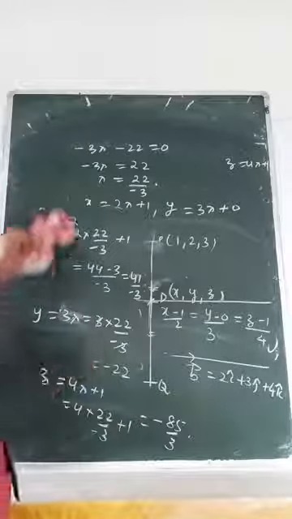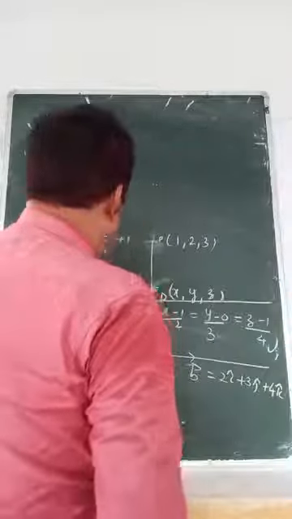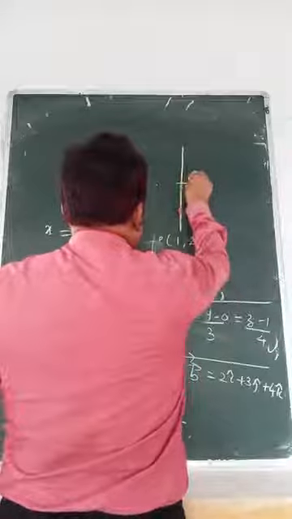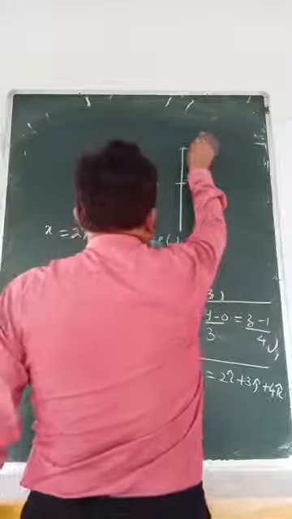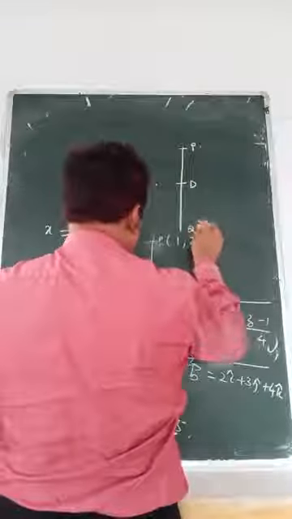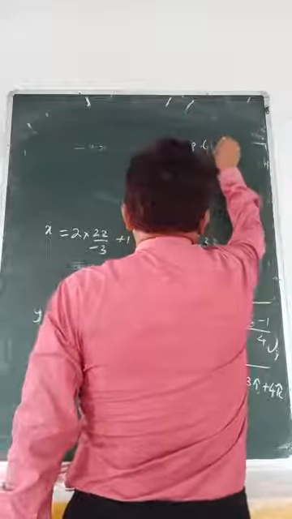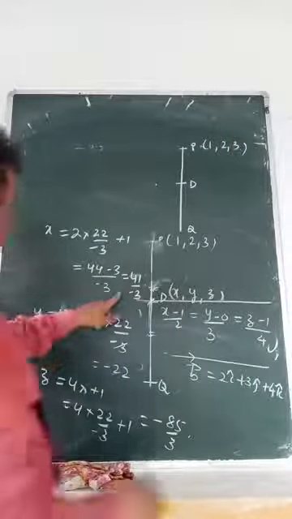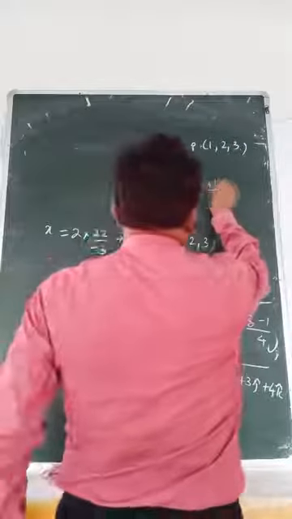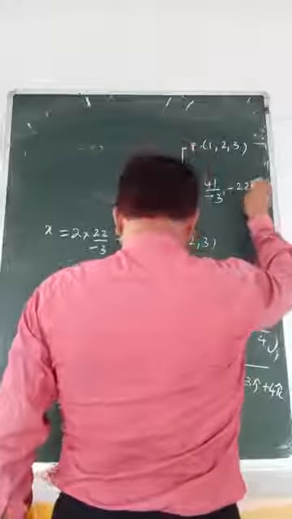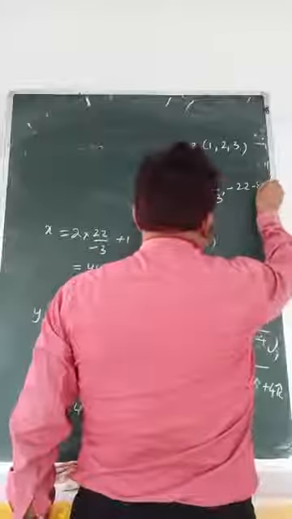Okay, so now look here. If I take this line, this is our D point, this is your P point, this is your Q point. The D point you got as x, y, z: minus 41 by 3, minus 22, minus 85 by 3.